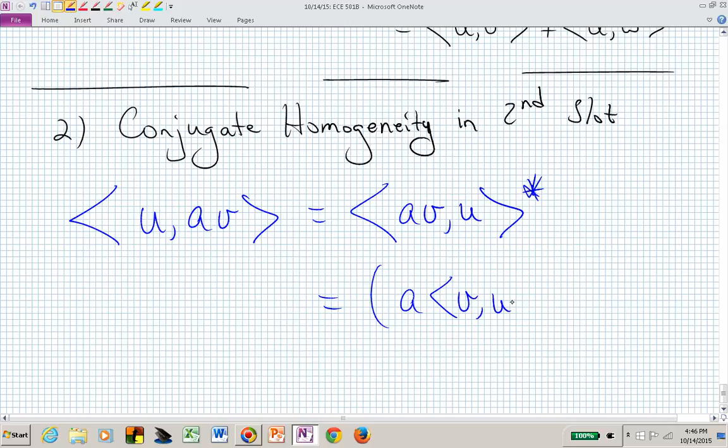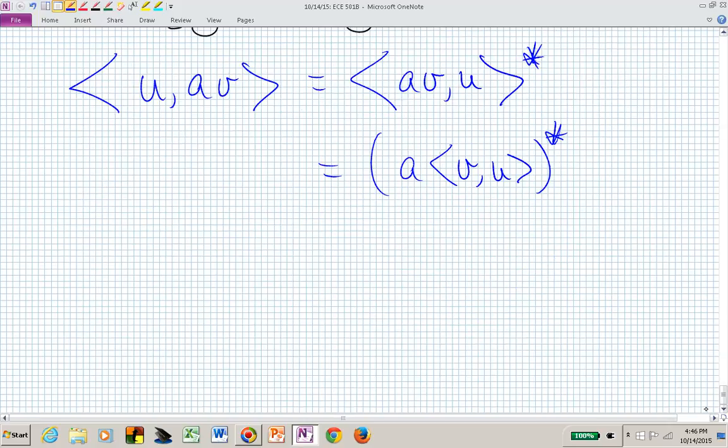And so now we have A with V, the inner product of VU, with all of that conjugated. The conjugate of a product is the product of the conjugates, which now allows us to say we have A star, V comma U star, but V comma U star is just U comma V, so that now we have A star, U comma V.